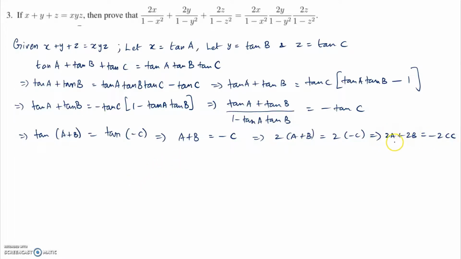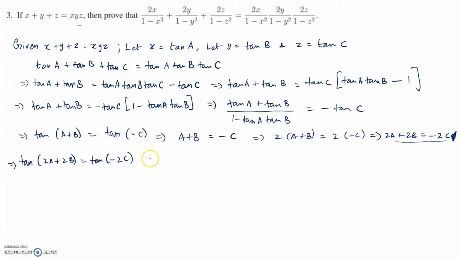Now, using this expression here, we can say tan of 2a plus 2b is equal to tan of minus 2c. There's only one c here.